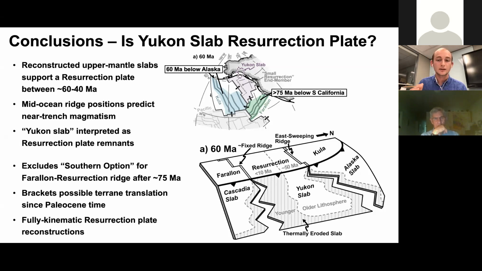So it seems like the Farallon resurrection mid-ocean ridge has to reside in a more northern position since at least 75 MA. And we can bracket possible terrane translations since Paleocene time, which agrees very well with the geologic interpretations of the amount of northward terrane translation that has occurred since that time. And then we wrap all of these constraints into a fully kinematic plate tectonic reconstruction of the resurrection plate.